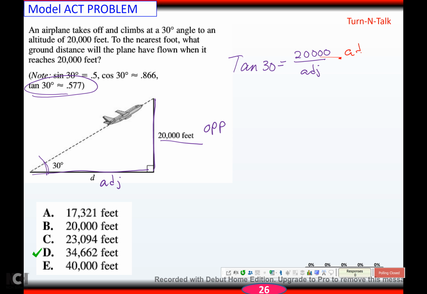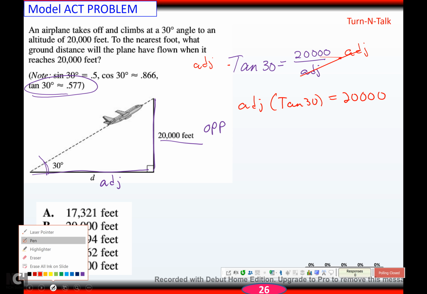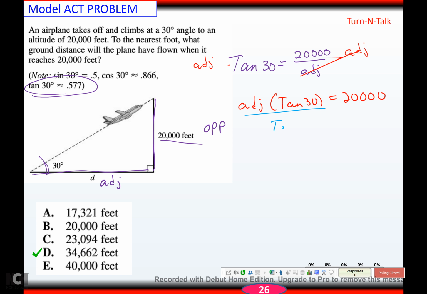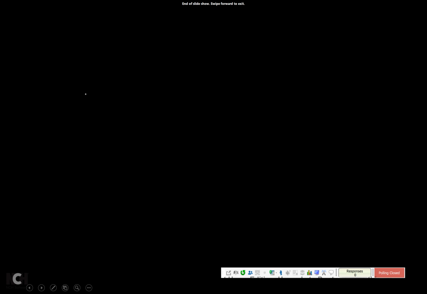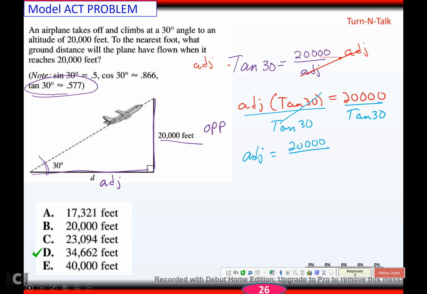So I'm going to multiply by adjacent, and I get the adjacent side times tan 30 equals 20,000. To get adjacent alone now, I'm going to divide by tan 30. And my adjacent side will be 20,000 divided by tan 30, which I need a decimal equivalent for, which they told me was 0.577.